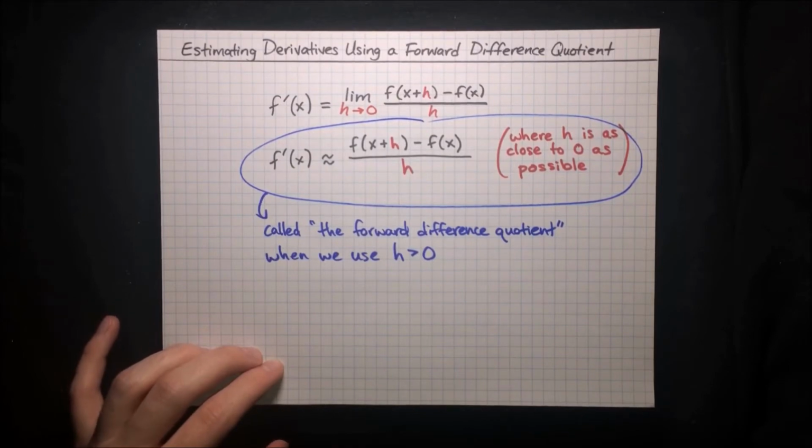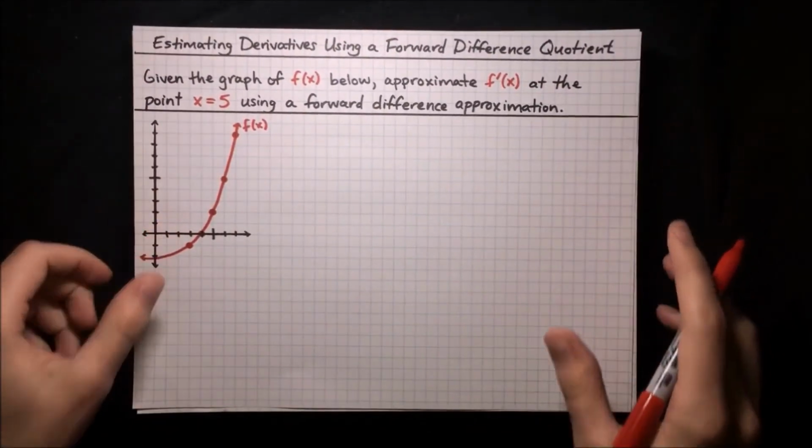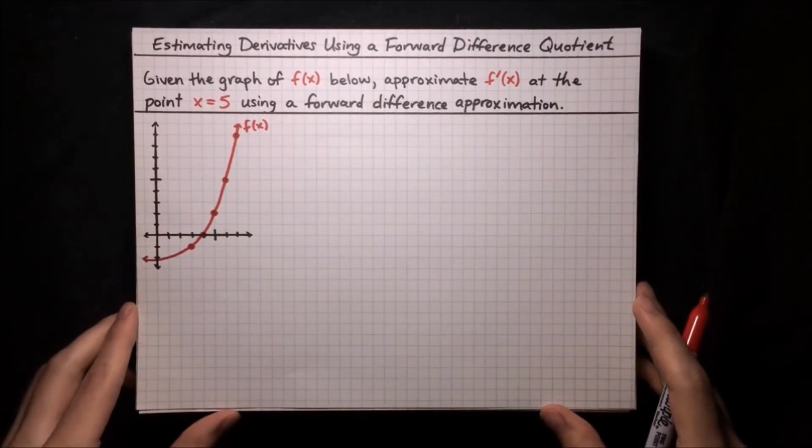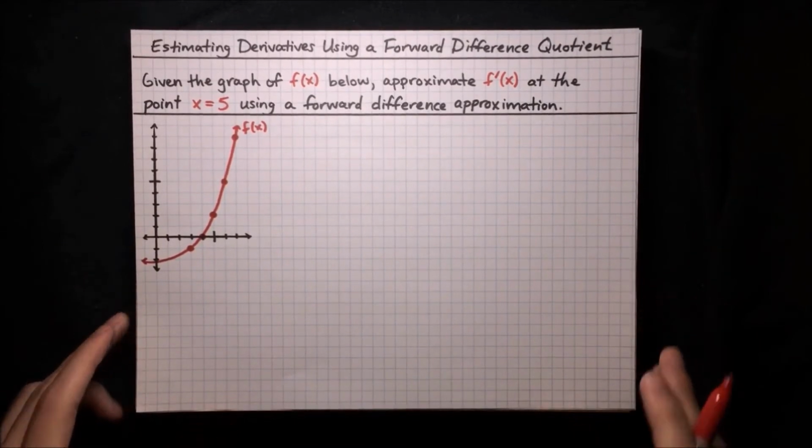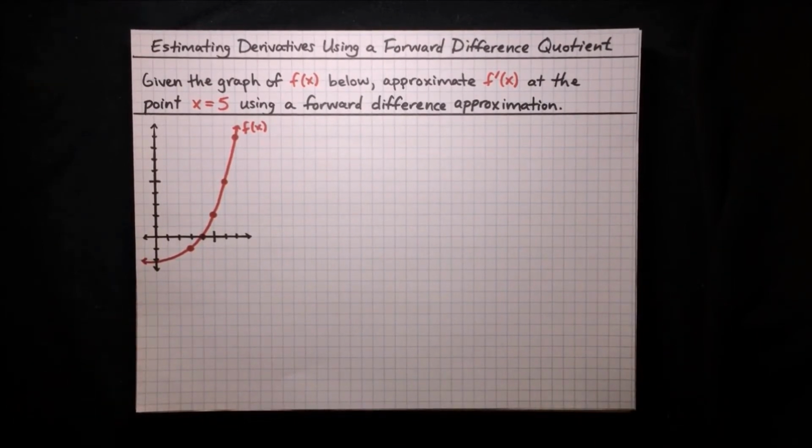So let's go ahead and use this forward difference quotient in some estimation problems. Here we are given a graph of f of x below, and we want to approximate the derivative f prime of x at the point x equals 5 using a forward difference approximation. Alright, so why don't we start by writing down the forward difference approximation in terms of some positive number h.